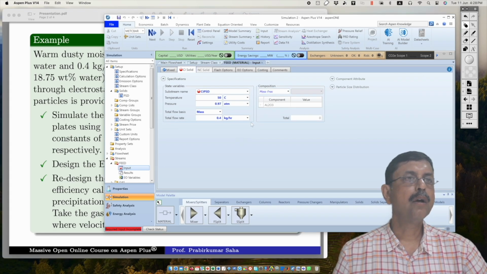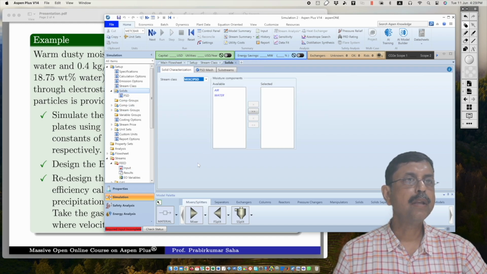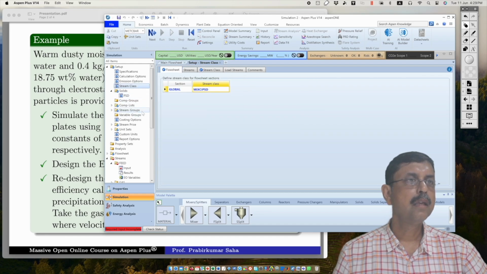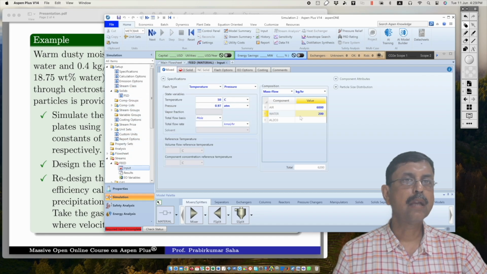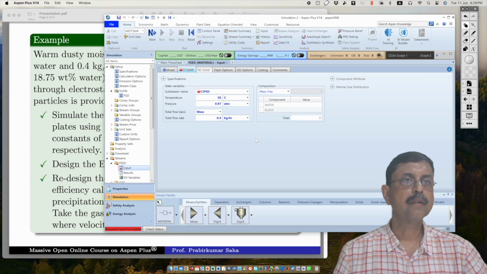Okay. Now, as we have the water component in it, we have to define some moisture over here. So we have to go back to the solids, and there we have to define water as the moisture component. Then only here you can find the moisture.